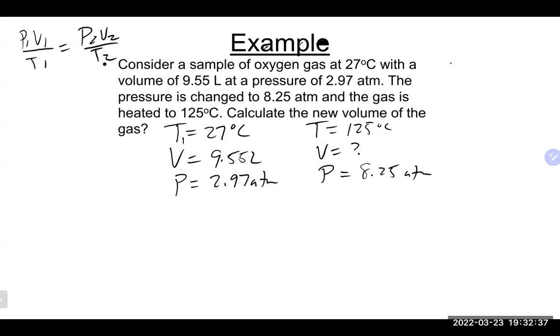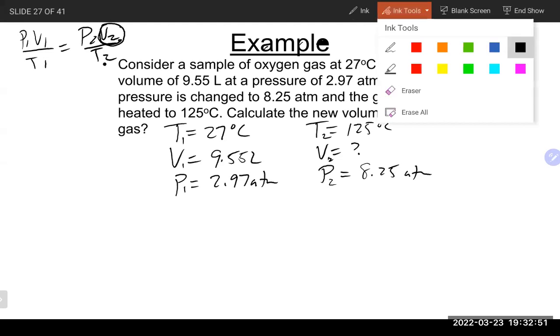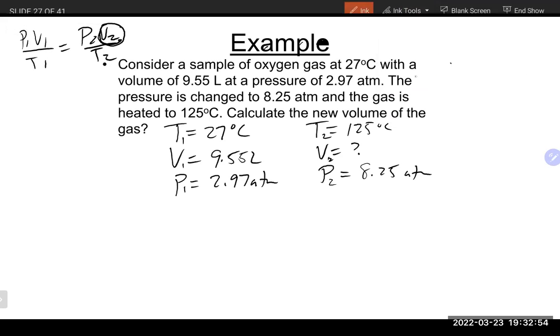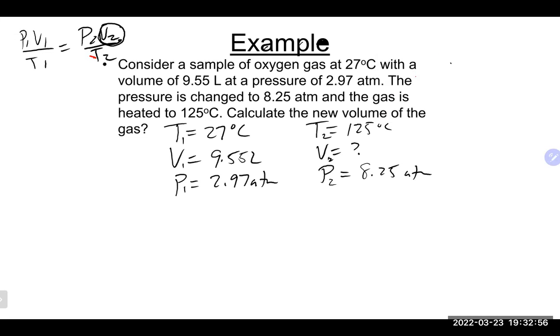We call the first values the ones, the second ones the twos, and if we check off everything, the only thing we don't have is V2. So we do want to rearrange it. And if you just want to do it quickly, we see T2, we need to move it to the other side, which means it's going to end up on top.